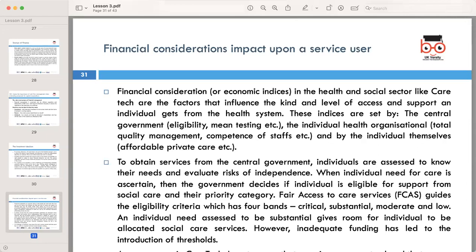The Fair Access to Care Services framework guides the eligibility criteria, which are divided into four bands: critical, substantial, moderate, and low. Individuals assessed as having substantial needs are allocated social care services. However, limited funding has led to the introduction of a threshold, which means some individuals may not receive the support they require.